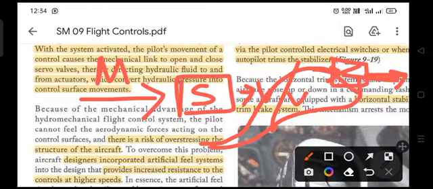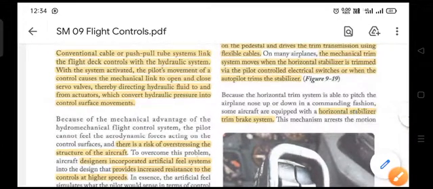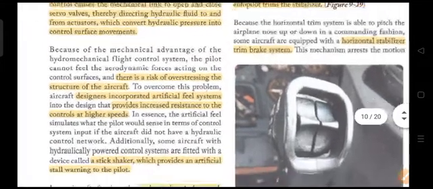So accordingly, the movements of the control cables take place. Where mechanical as well as hydraulic systems are incorporated in some aircraft, they are also called hydromechanical systems, fine.